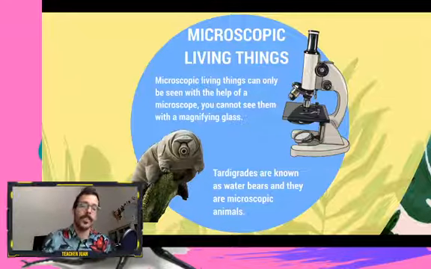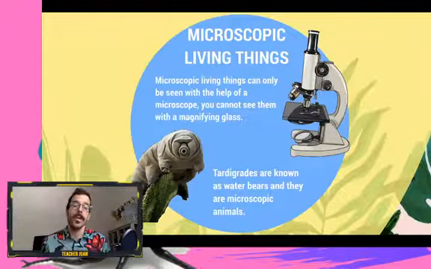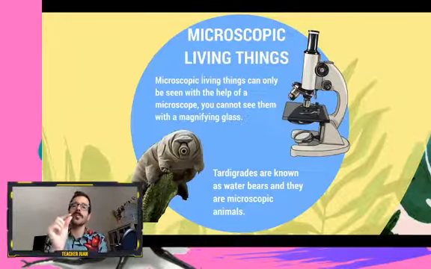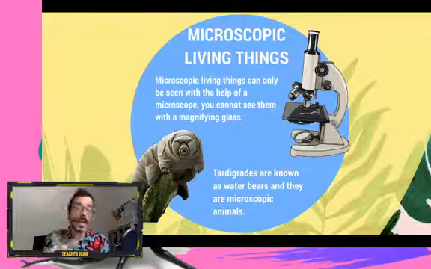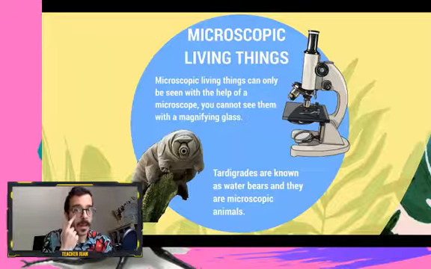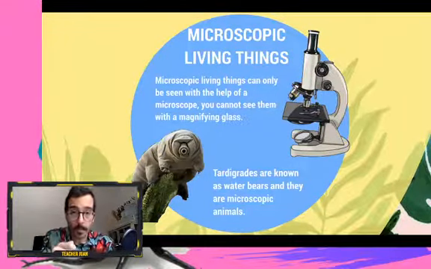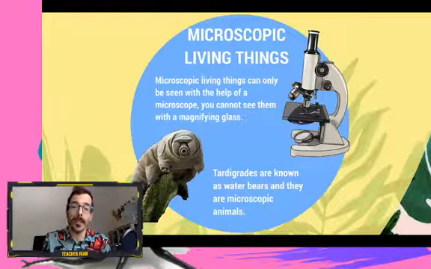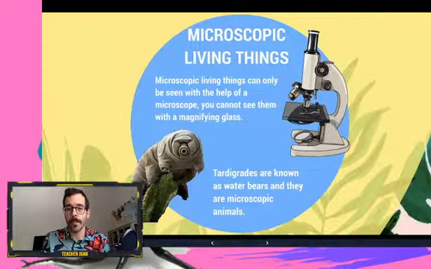You can see them. He's so cute. Yeah, you can find them in humid places, okay? Wet places, you are going to find these little super small animals. They cannot be seen with our naked eye, neither with a magnifying glass, so it's a microscopic animal, okay?